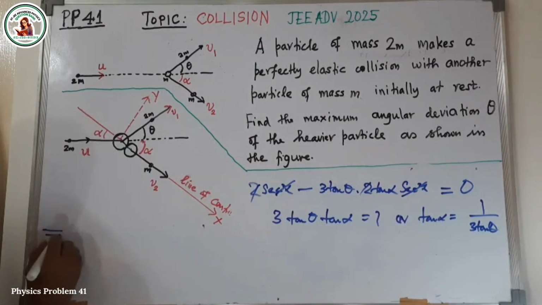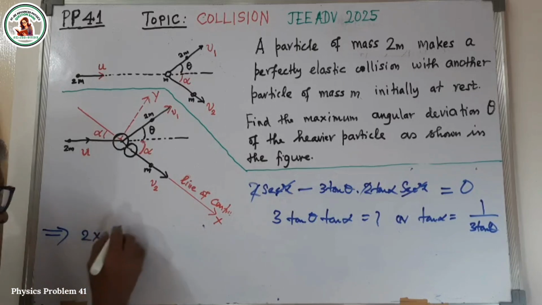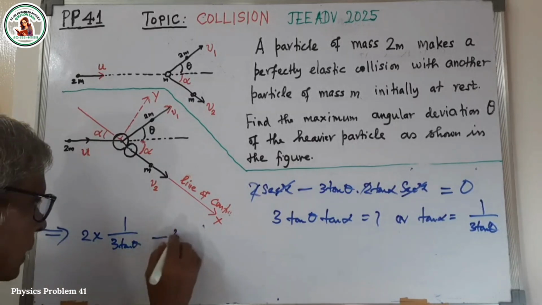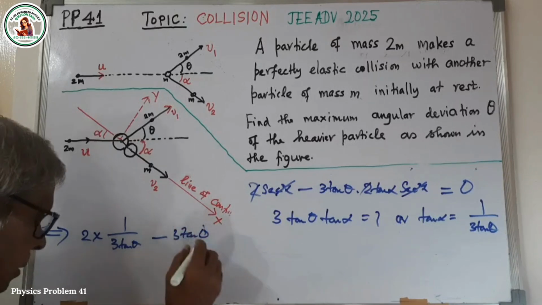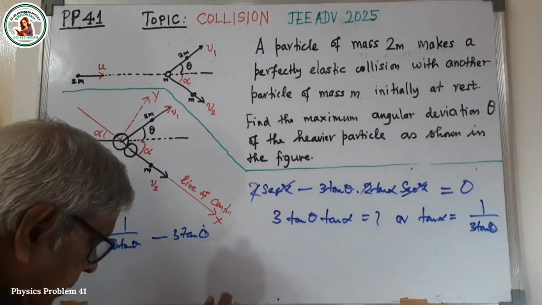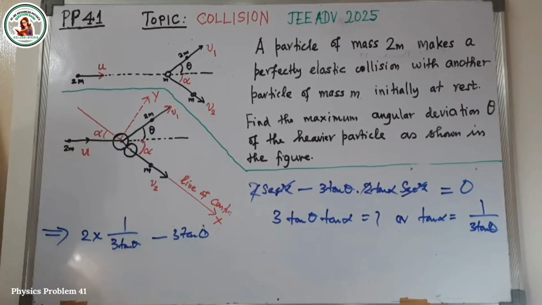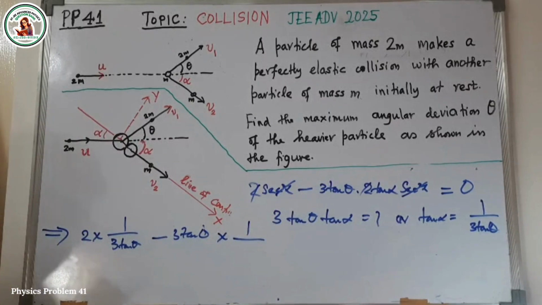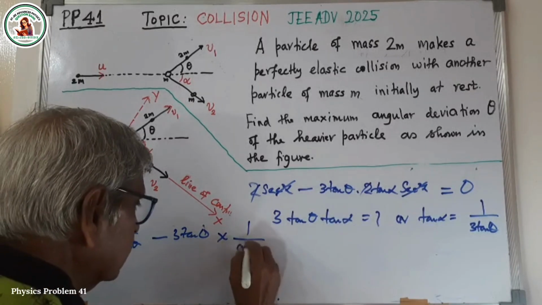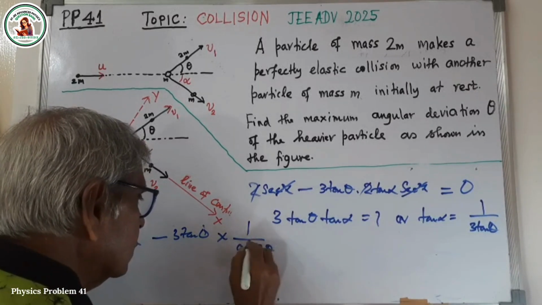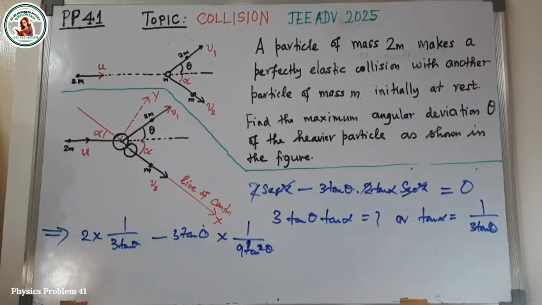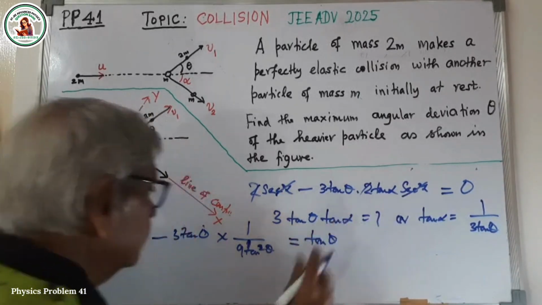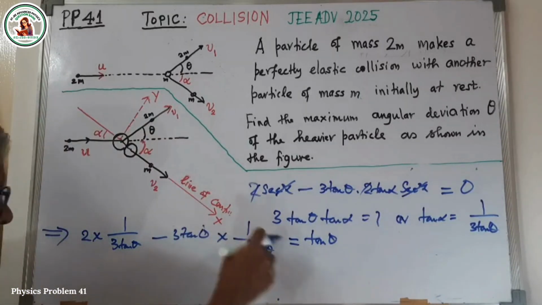This implies 2 times 1 by 3 tan theta minus 3 tan theta into 1 by tan square alpha, so that will be 9 tan square theta, is equal to tan theta.